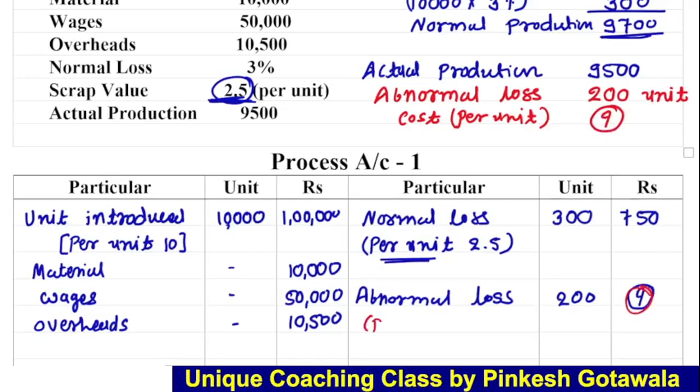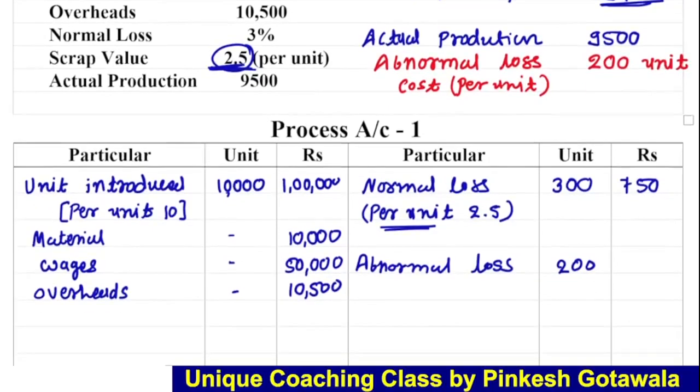Suppose you come to know that it is rupees 10 per unit. So you can easily do this calculation, 200 into 10, 2,000. Then close the account, that is over. So here the important part: what is the per unit cost value for the abnormal loss? How to find that? Remember, it is very simple and easy. First of all, don't give the entry of abnormal loss in this account.